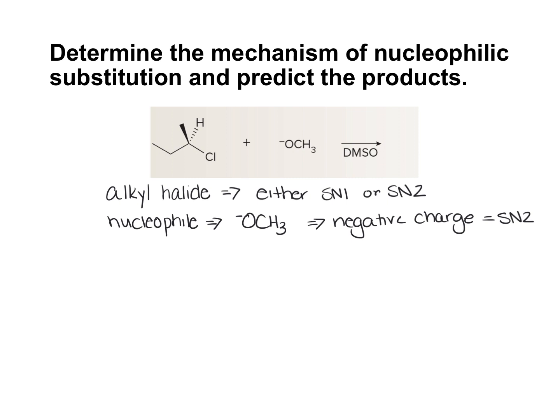Okay? Then we look at the solvent, which is DMSO. And we remember that DMSO is a polar aprotic solvent, and polar aprotic solvents favor SN2 reactions. So all of this points in the direction of an SN2.